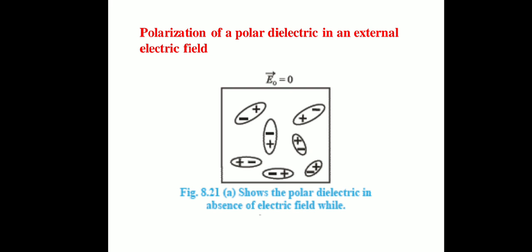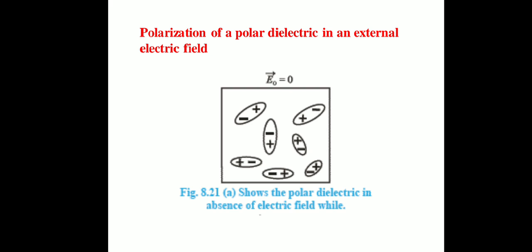Within that polar dielectric substance there are many molecules, and all the molecules are polar in nature, because there is always charge separation between two opposite charges. So charges are always separated from each other by a small finite distance. Each single molecule has a permanent dipole moment.